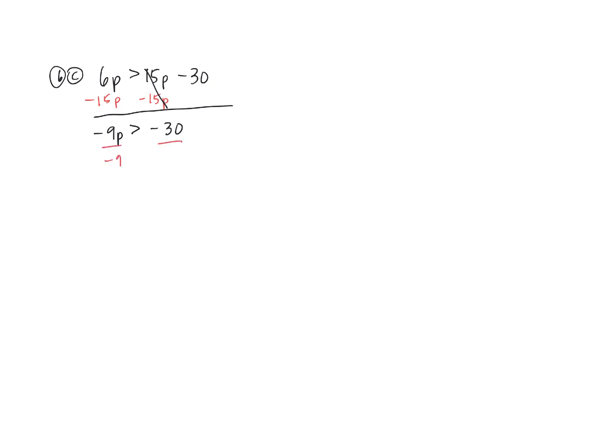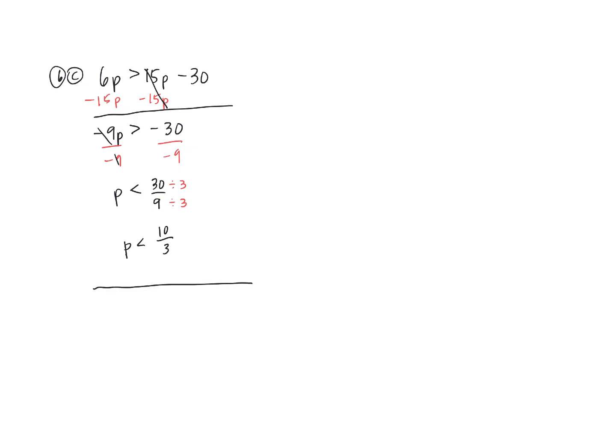I'm going to divide by negative 9. So p, now I have to flip the inequality symbol because I divided by a negative, is less than, 2 negatives make a positive. So I have positive 30 over 9. But then 30 and 9, I can reduce that fraction. So I'm going to divide them both by 3. So p will be less than 10 over 3.